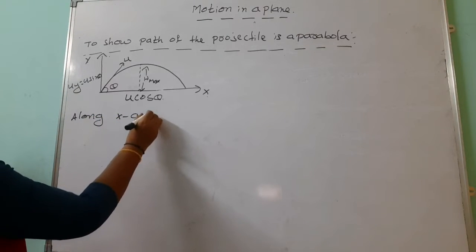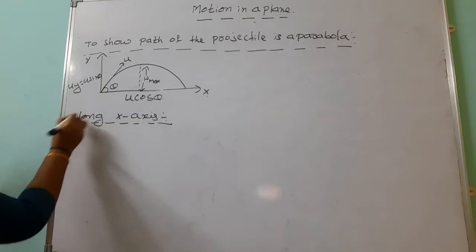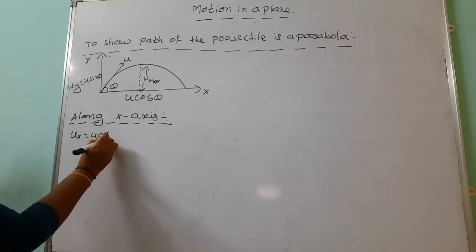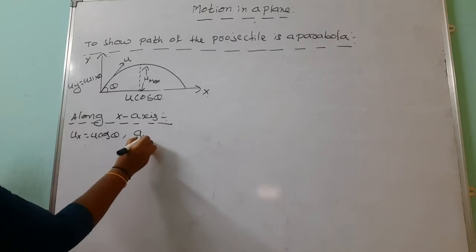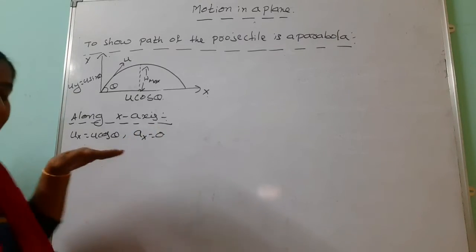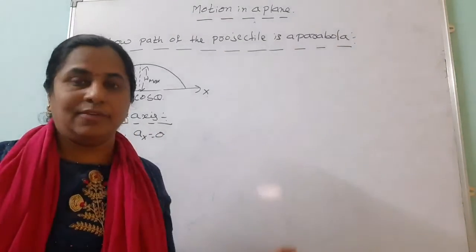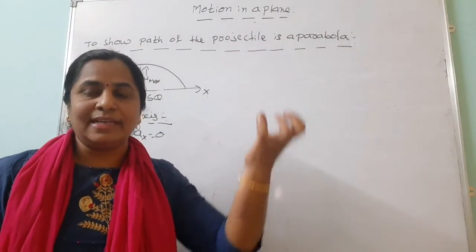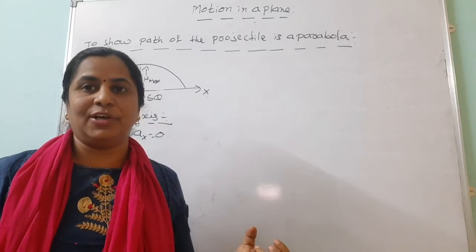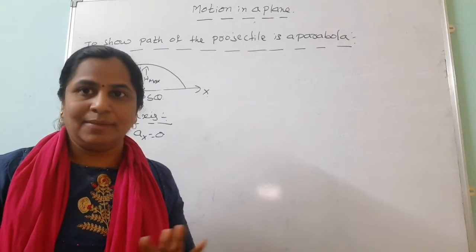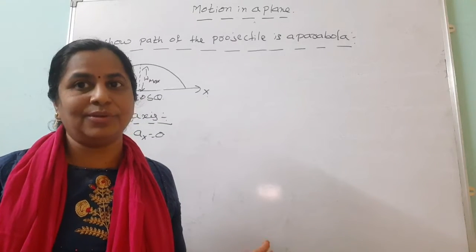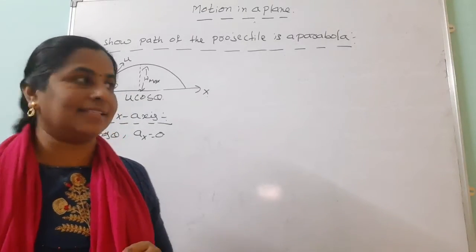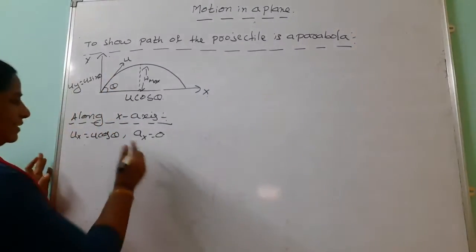Along the x-axis, ux equals u cos theta. But here acceleration is 0. Why? There is no horizontal force. When the body is in air, the earth is pulling it downwards. Vertical force is there, but there is no horizontal force. So Fx equals 0, meaning acceleration along the x-axis is also 0. So ax equals 0.